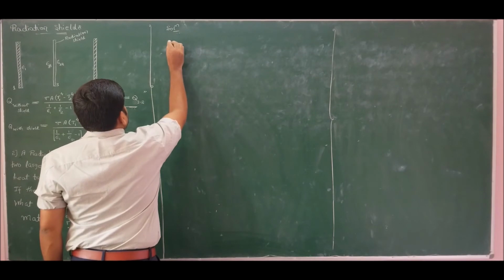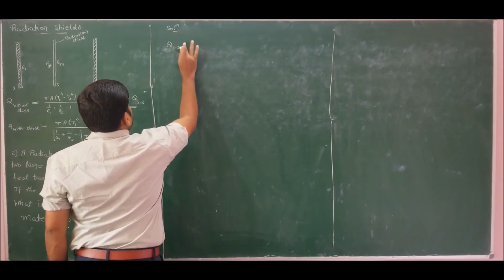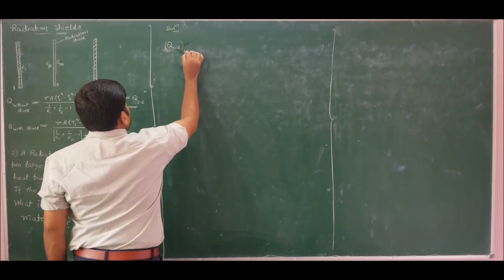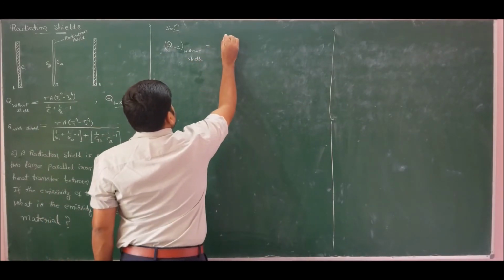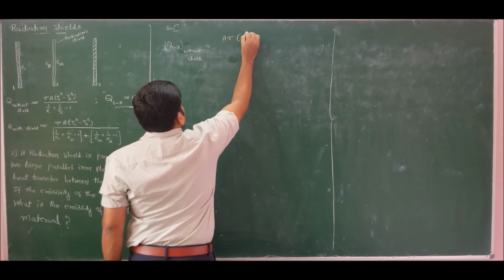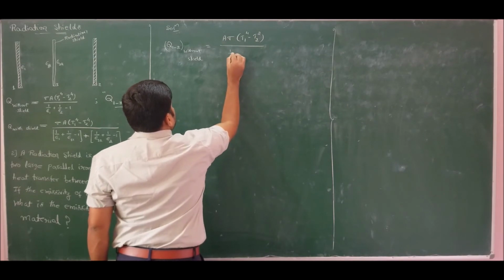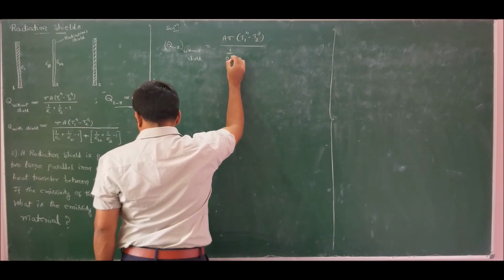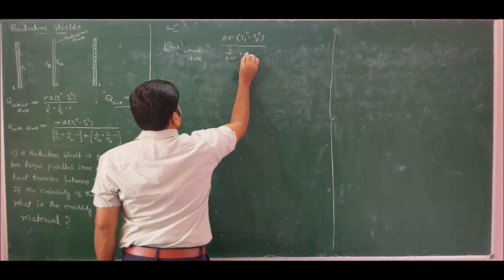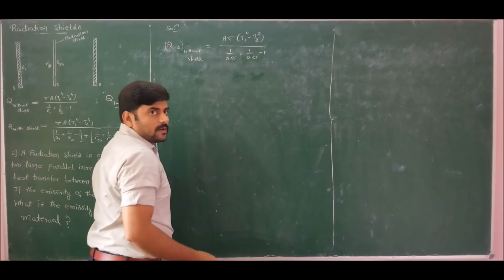So therefore, the radiation between them without shield. So radiation heat transfer between them without shield will be area times sigma, T1 to the power of 4 minus T2 to the power of 4, whole divided by 1 by epsilon 1 plus 1 by epsilon 2 minus 1. Epsilon 1 is given as 0.65, and epsilon 2 is also 0.65 because both the plates are made of iron.